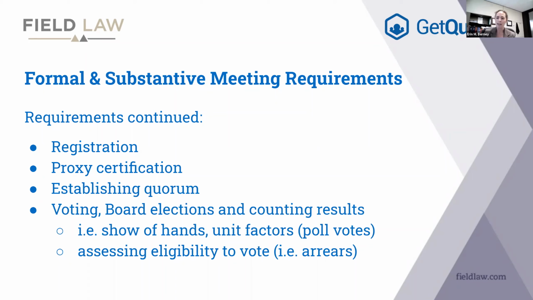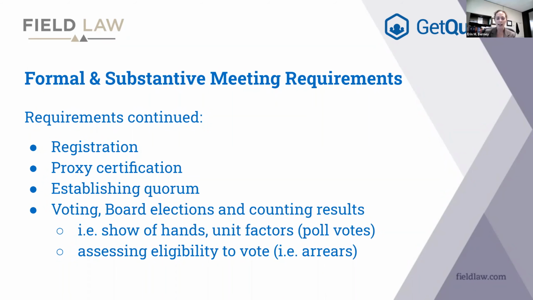Now, this, of course, depends on your specific bylaws. So you need to look at your corporation's bylaws to see what your quorum requirements actually are, because they can vary. Some base it on number of persons, others base it on number of units, others still base it on number of unit factors. So those need to be examined.